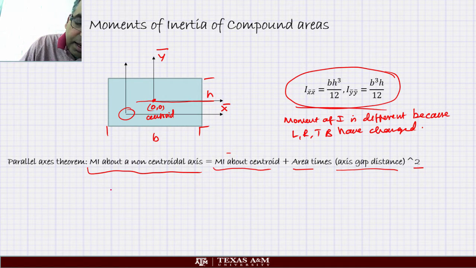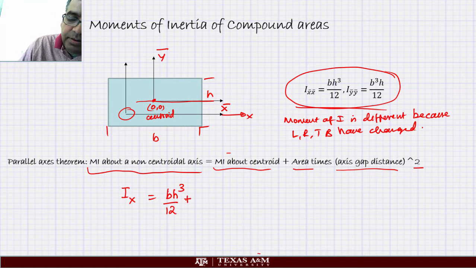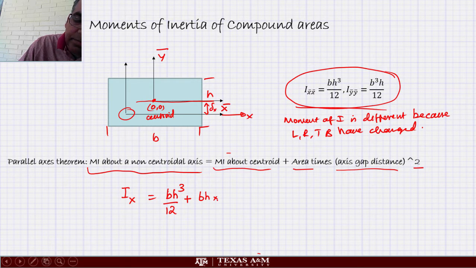So in this particular case, I x about this one, this is the x axis, equals bh cubed over 12 plus area times this gap distance, which is called delta x. So that's the gap distance between the x bar axis and the x axis.